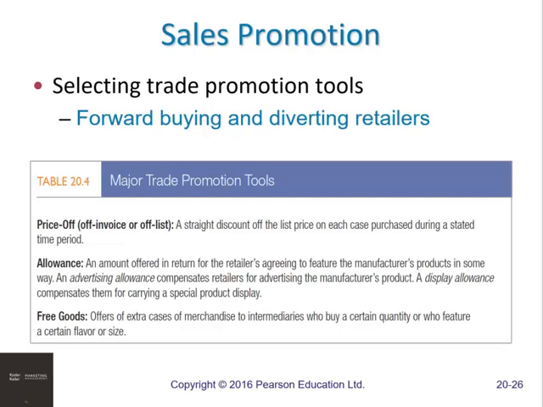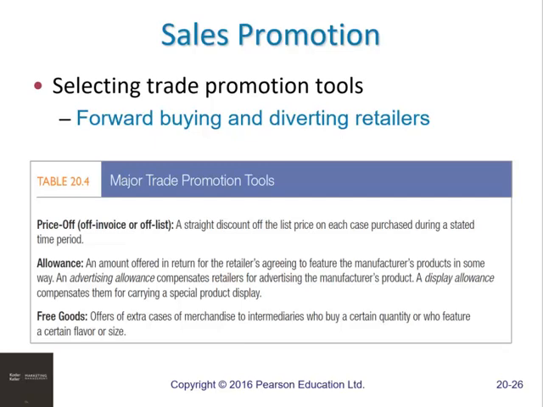Manufacturers often find it really difficult to police retailers to make sure they're doing what they're supposed to do, and increasingly insist on proof of performance before they pay any allowances. Some retailers are doing forward buying, that is, buying a greater quantity during the deal period than they know they can sell really fast.